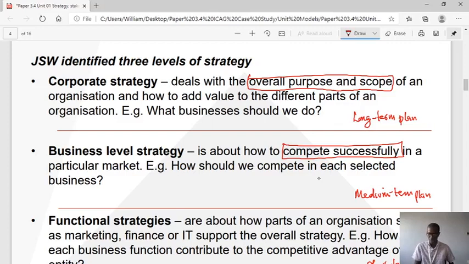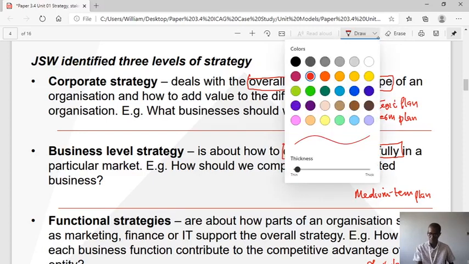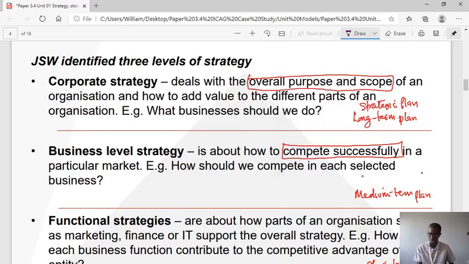So R.N. Anthony also looked at this from another perspective, that we have the strategic plan, which is our long-term plan. Then we have our tactical plan, and then we have our operational plan. I hope that makes sense.